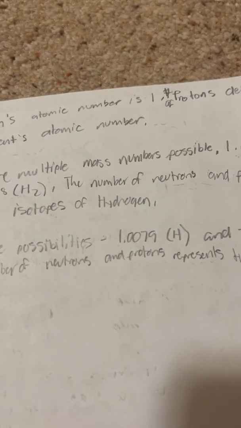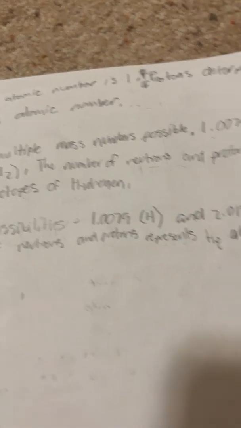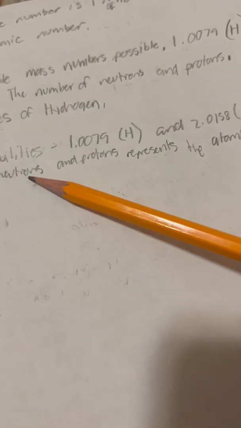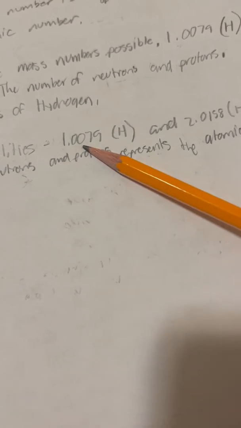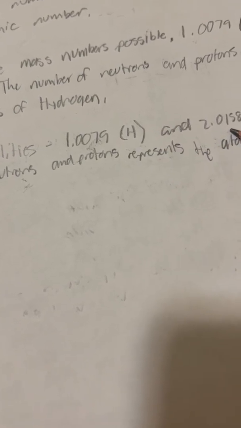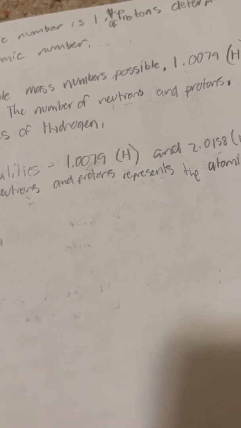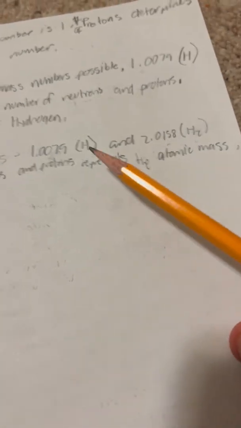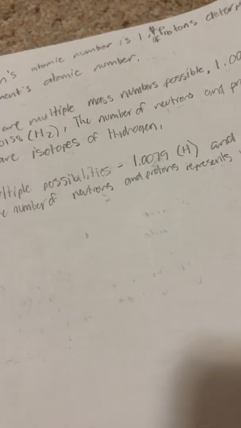They are isotopes of hydrogen. There are multiple possibilities for the atomic mass: 1.0079 for H and 2.0158 for H2. And the number of neutrons and protons determines the atomic mass.